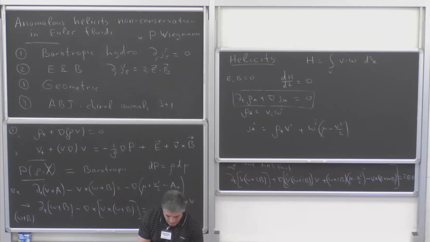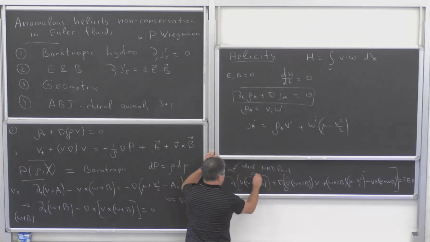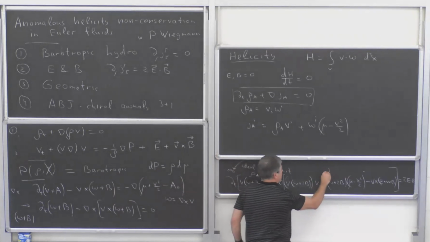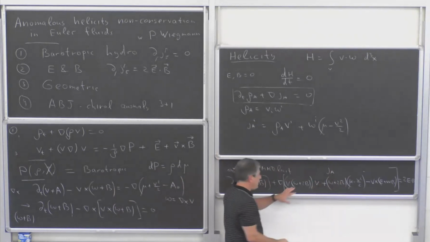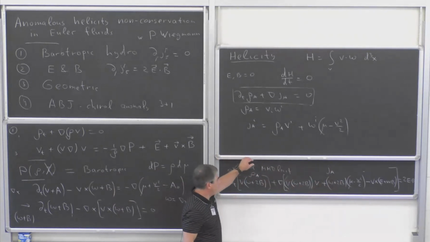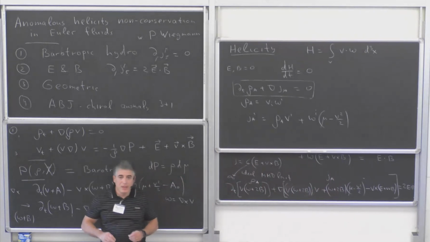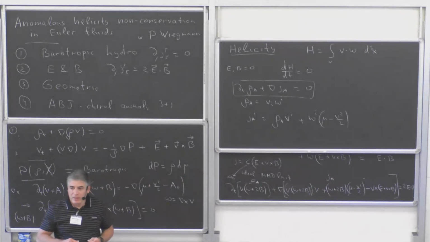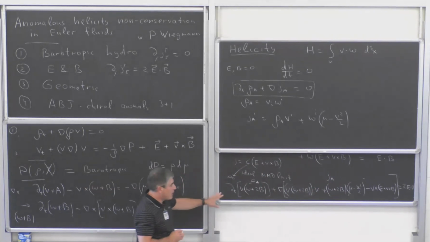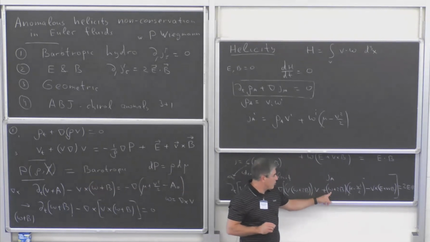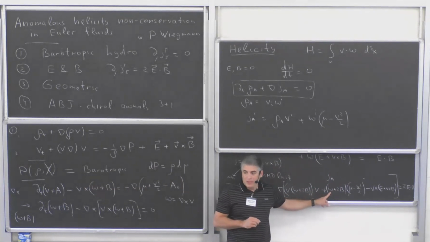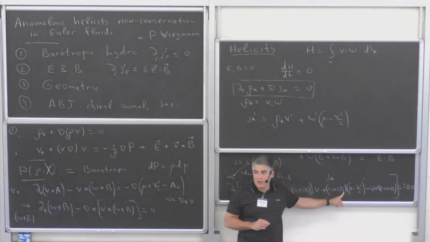Okay, so you can read from here, this is the axial density, and this quantity is the axial current. And if you're familiar a little bit with relativistic hydrodynamics in the presence of anomalies, then you can recognize something very interesting here. This term usually is called the chiral vortical effect, and this term is usually called the chiral magnetic effect.